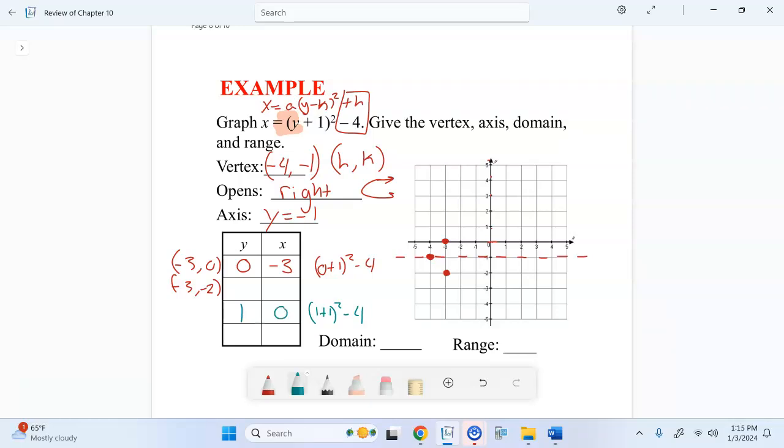So what's my ordered pair going to be? 0, comma 1. So we can plot that point. 0, comma 1. What's a symmetrical point to 0, 1 going to be? Yep, 0, negative 3.